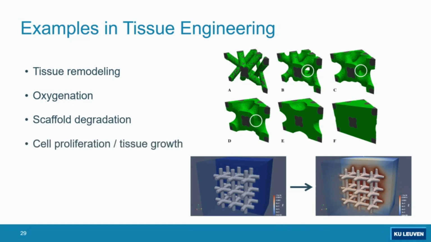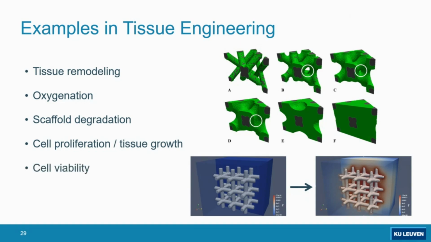Then there is cell proliferation and tissue growth, in the example above this. Here you have the scaffold, this dark region, and cells on top of it that start to proliferate. It is a great example in tissue engineering, but it comes with complex equations in reaction, advection, diffusion form. The question is how to solve them.